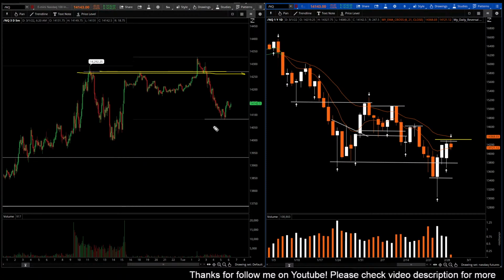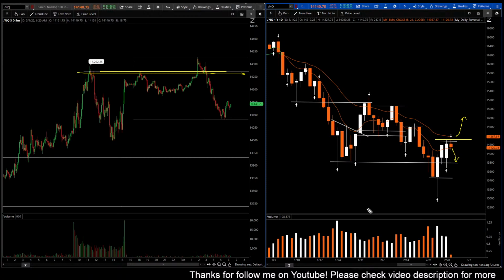What I want to see is whether it's only a small fade and pause, and from there we can resume back above and try to go above last week's highs, or if we are going to roll over and retest the support line here.